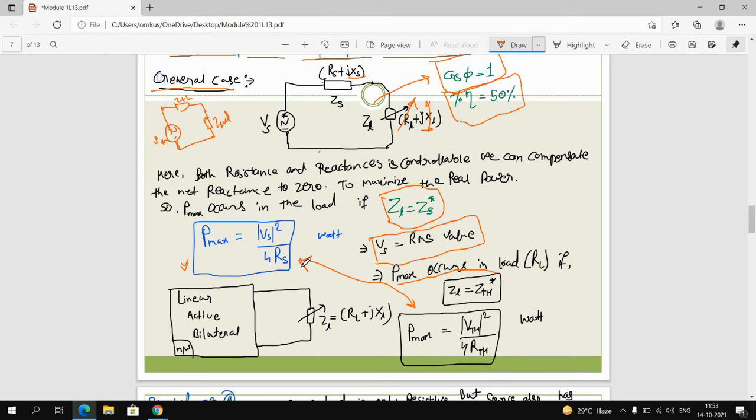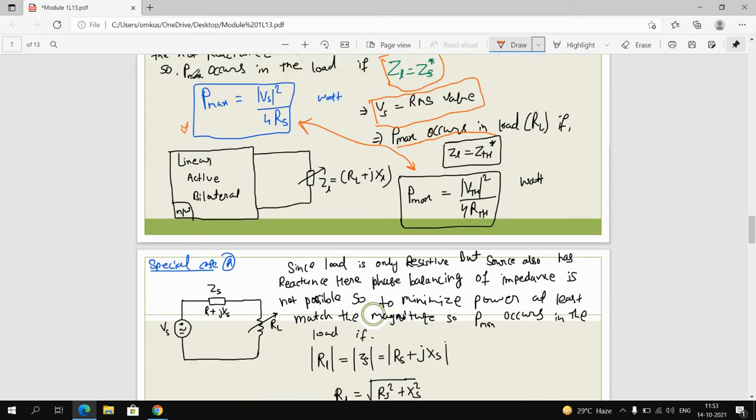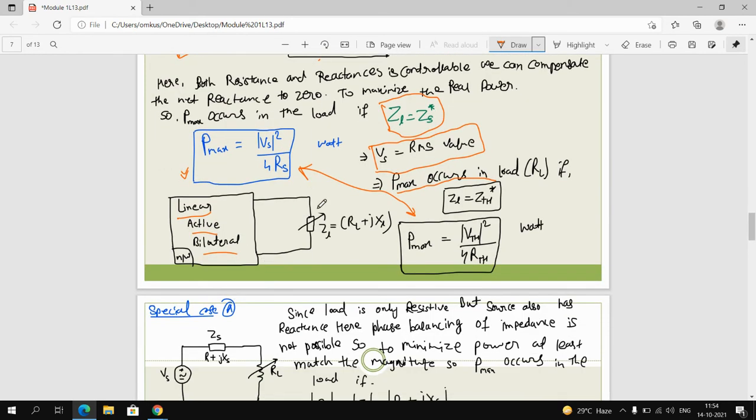So this is only possible when your load impedance is the conjugate of your Thevenin's impedance. Then only you will get this. And the condition is that the circuit must be a linear active bilateral circuit, and your load resistance is variable.